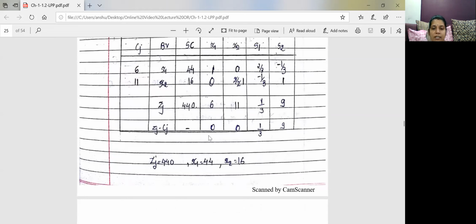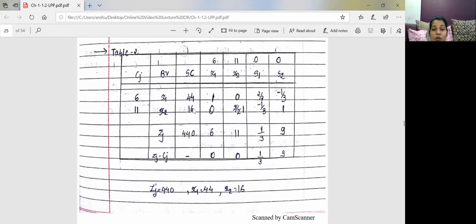Okay, 440. And what are the values of X1 and X2? The values of X1 and X2 come from the SC column. Don't consider the CJ column. Again, I repeat this sentence: to find the values of X1 and X2, we consider only the SC column.